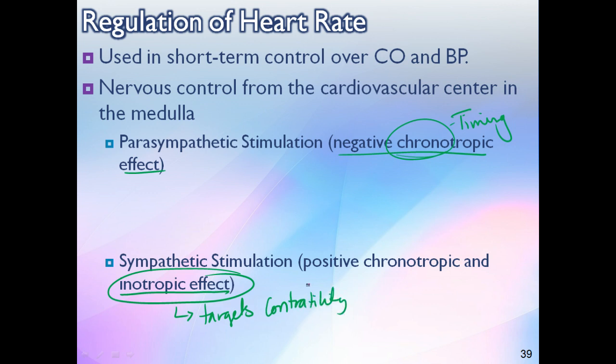As the name implies, if we're targeting contractility, we're targeting how forcefully the heart contracts. And since it's a positive inotropic agent, it's going to make the heart contract more forcefully, and it does this by increasing calcium delivery to ventricular myocardium.